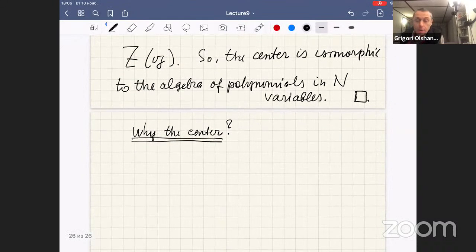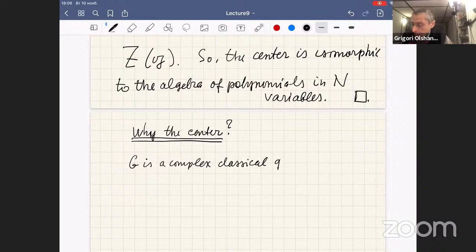Let's return to our main topic, representations. We can assume that G is a complex Lie group, a complex classical group. Classical is not important, but we are dealing with classical groups.